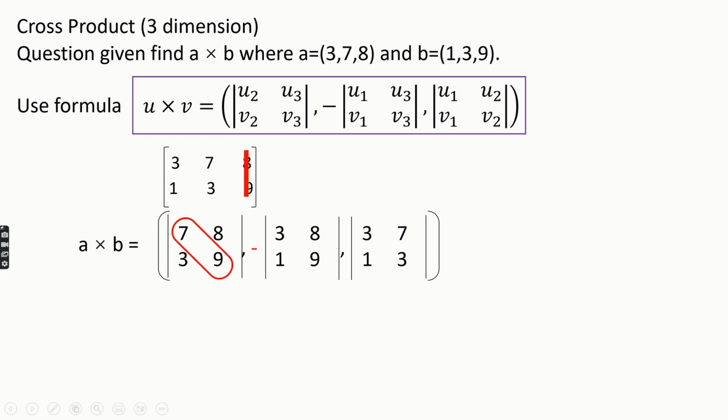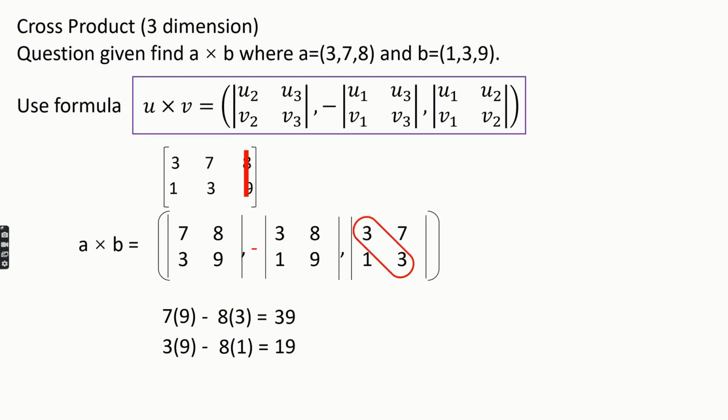Next, we should solve the numbers in each column in this way: 7 multiplied by 9 minus 8 multiplied by 3. Then we get 39. For the second column, it is 3 multiplied by 9 minus 8 multiplied by 1, so we get 19.